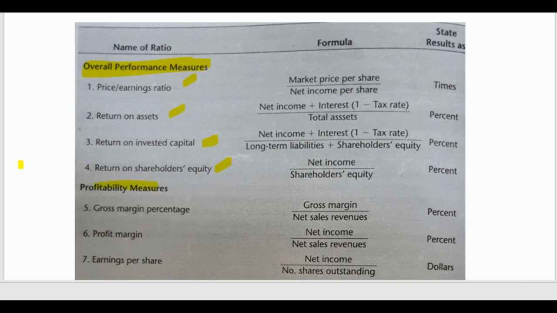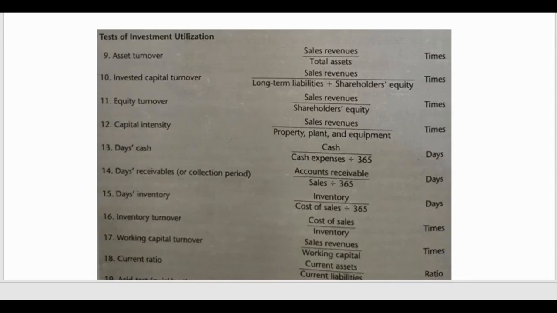And profitability measures, you have gross margin percentage, profit margin, earnings per share. And you also have how you measure this, number of times or in percentage, right, or in currency. And then you have investment utilization formulas: asset turnover, invested capital turnover, equity turnover, capital intensity, and days cash, days receivables, days inventory, inventory turnover, working capital turnover, current ratio.